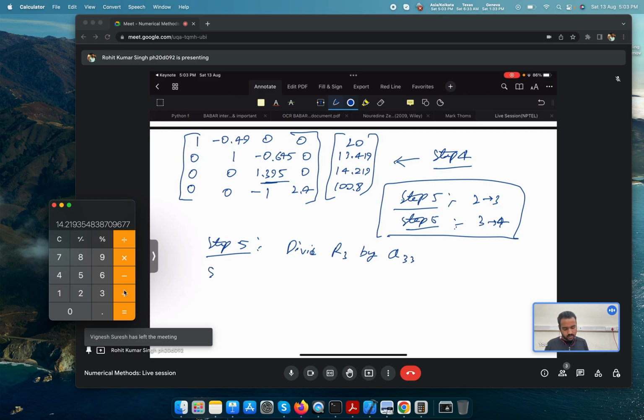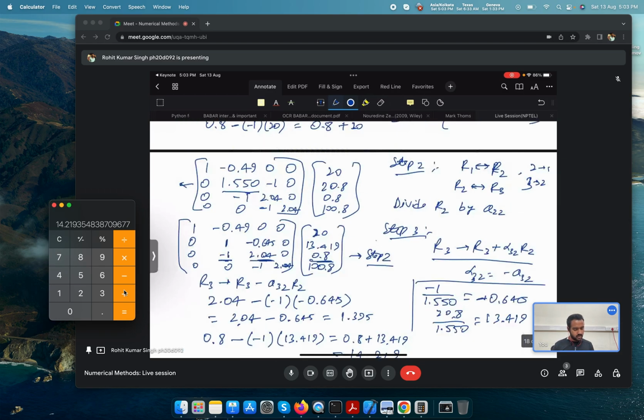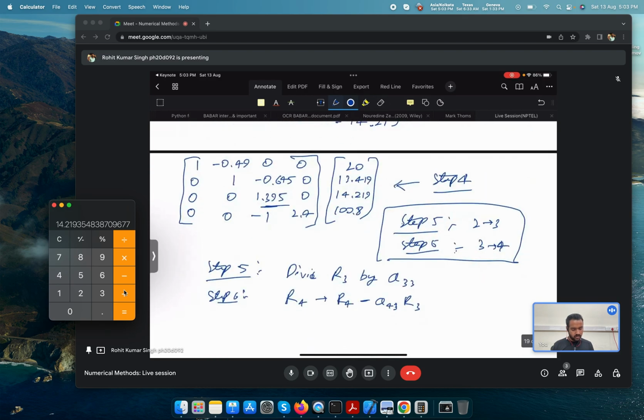And in step 6, I have the Gauss elimination, where R4 goes to R4 minus alpha 43 times R3, since alpha 43 is just 1, it is just minus of A43, as we had before. You will notice it's the same thing: instead of 3 you have 4, instead of 2 you have 3. It's very easy.